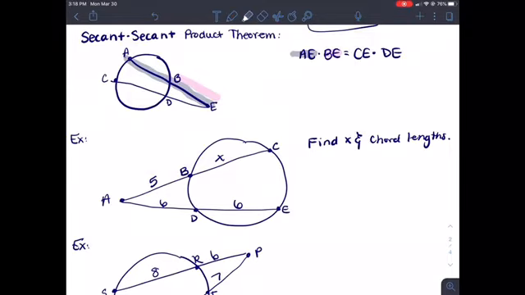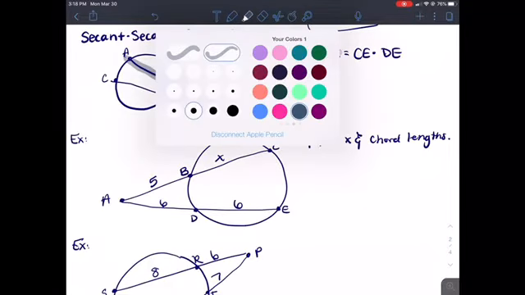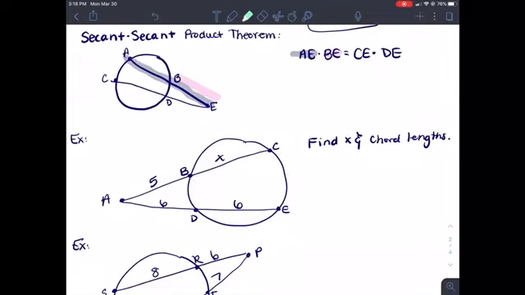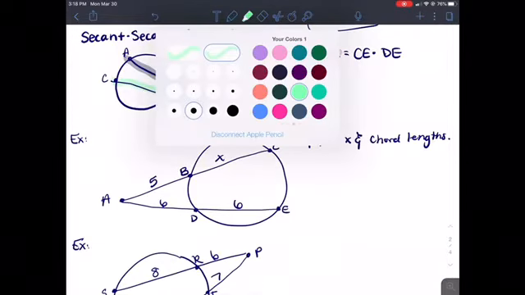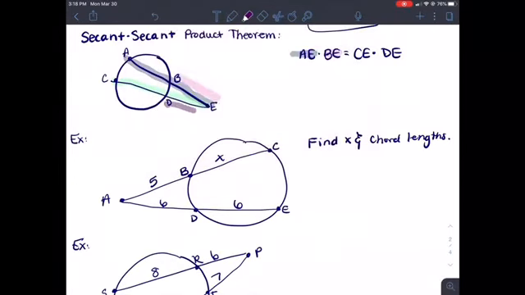So you multiply the whole secant length times the part of the secant length outside of the circle, and you set that equal to the full length of the other secant multiplied by its partial length. That's DE, and this is CE. You can find the values of these different secants. That's the secant theorem.